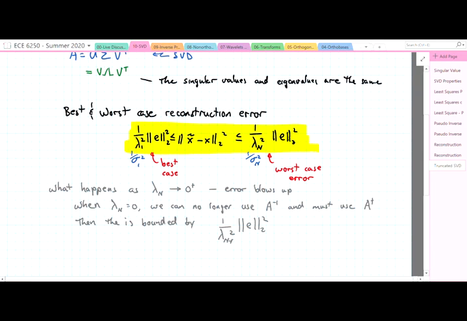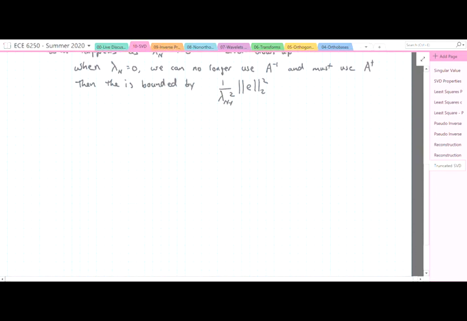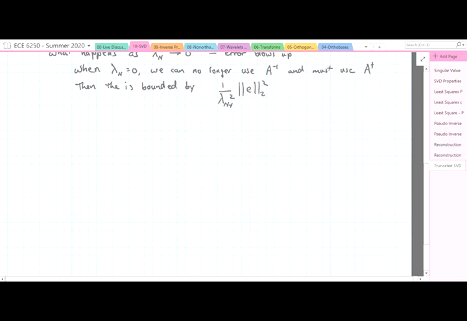Well, this should provide some nice little inspiration. Let's take a look at what we could do with singular value decomposition and pseudo-inverses to make things even a little bit better behaved.